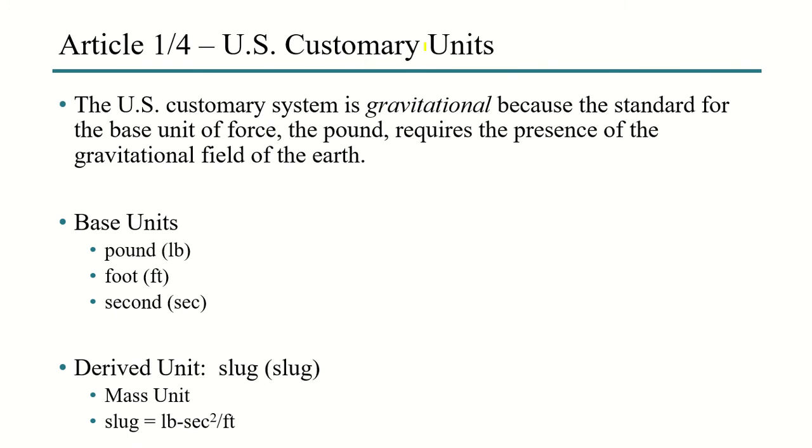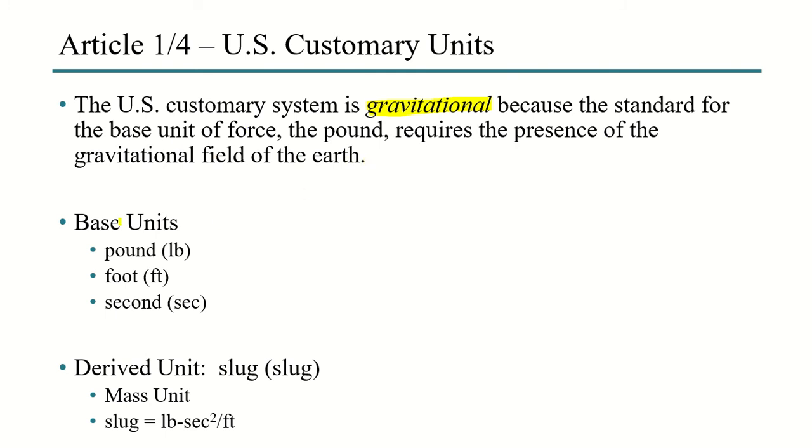For US customary units, the US customary system is gravitational, so dependent on gravity. Gravitational because the standard of the base unit of force, which is the pound, requires the presence of the gravitational field of the Earth.